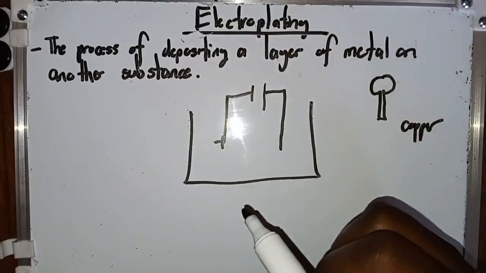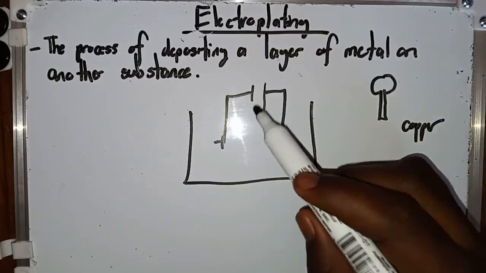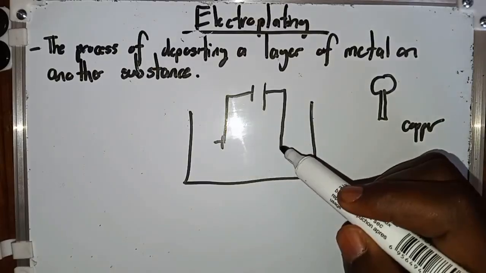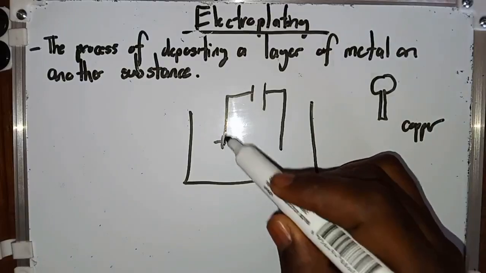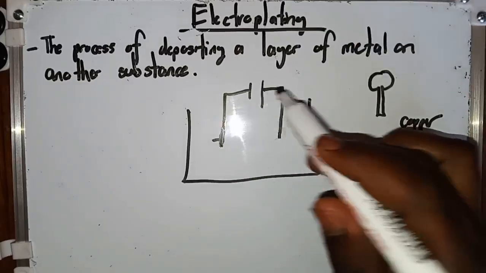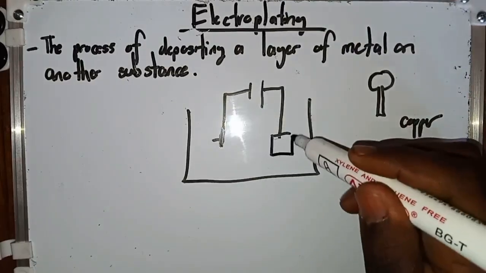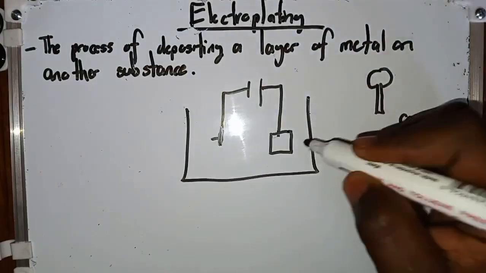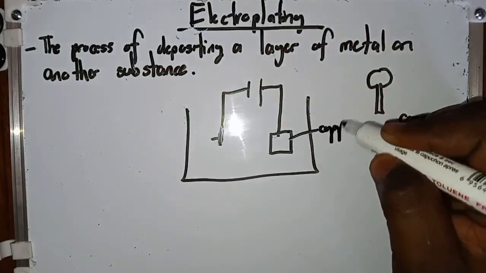We have seen that the anode dissolves and coats the cathode. So this is the anode, the positive one. The anode dissolves, and this anode will be the copper.